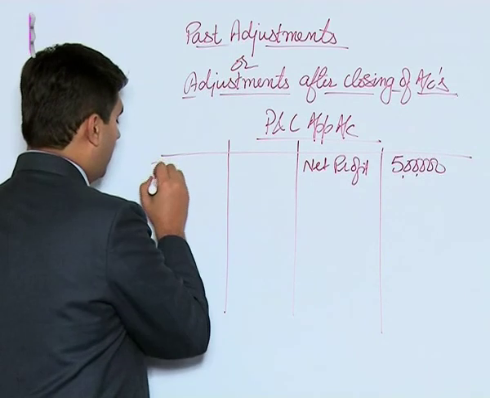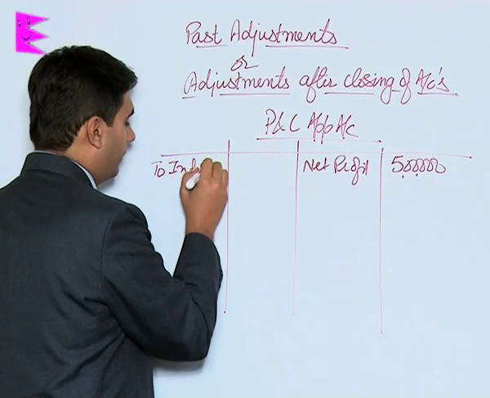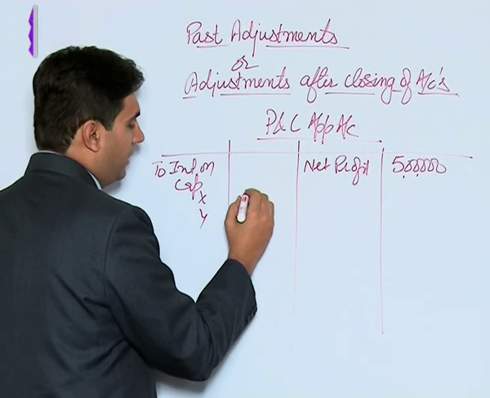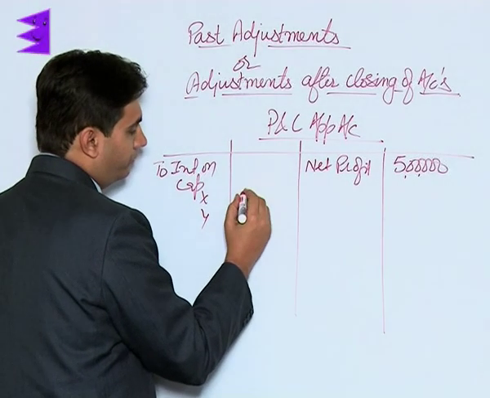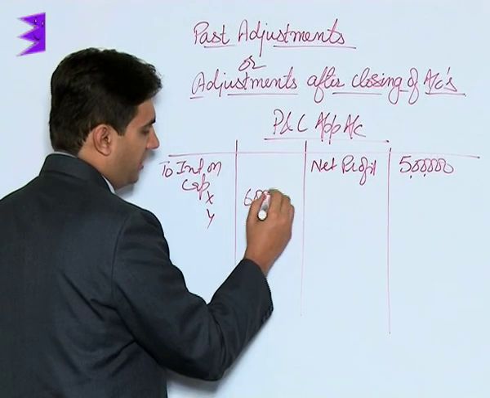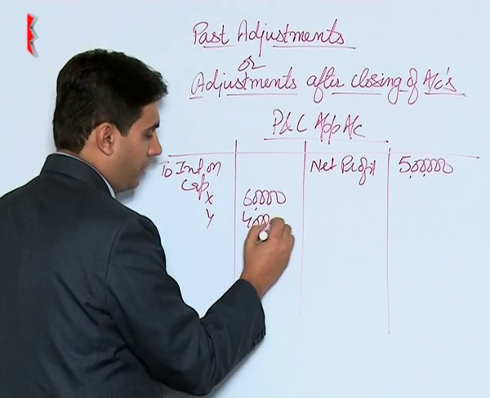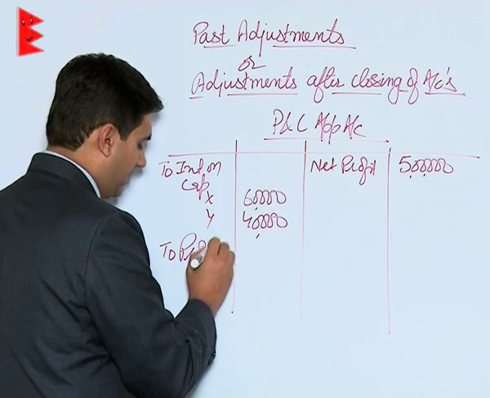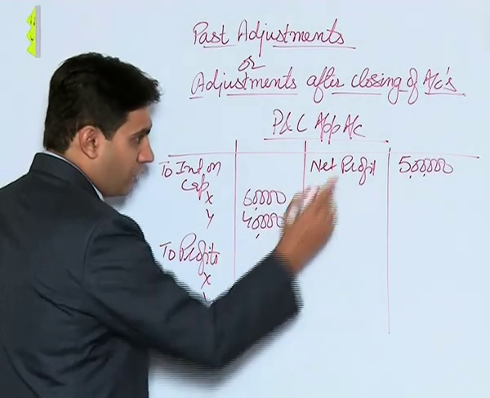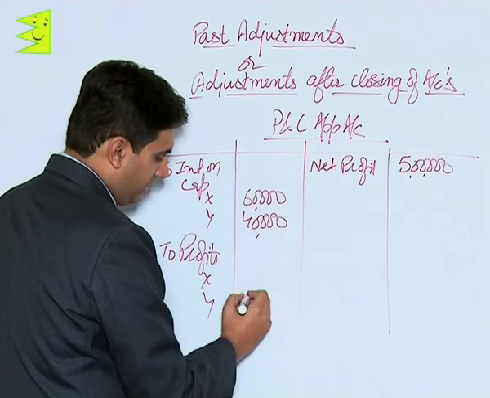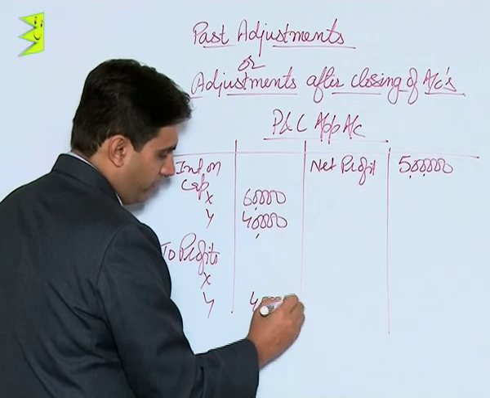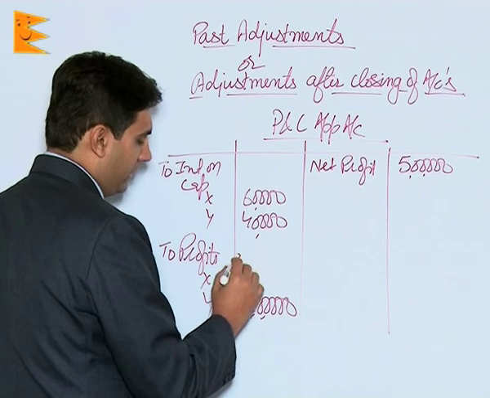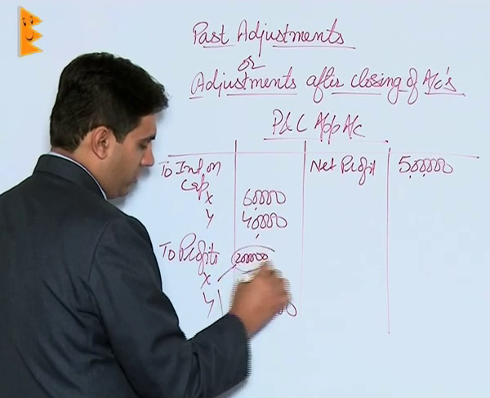Now students, if the interest on capital, assumingly for X and Y at 10%, is coming to 60,000 and 40,000, that means the divisible profits for X and Y would be 5 lakh minus 1 lakh, that is 4 lakhs. And let's say the ratio is equal, so they will get 2 lakhs each.